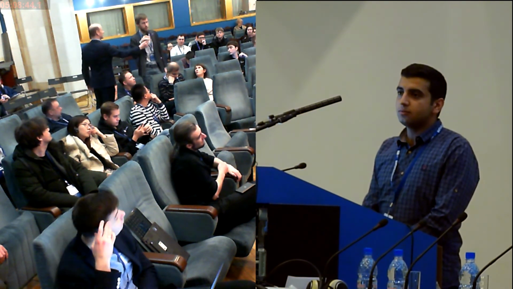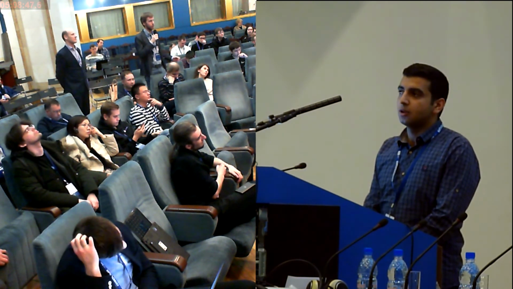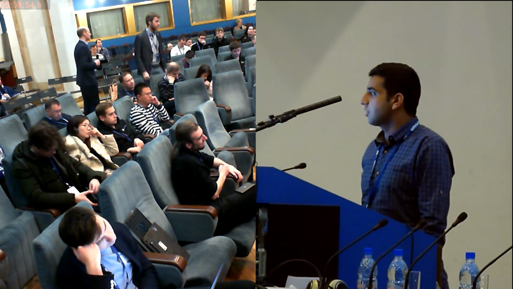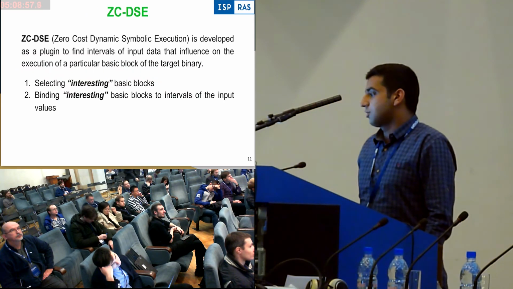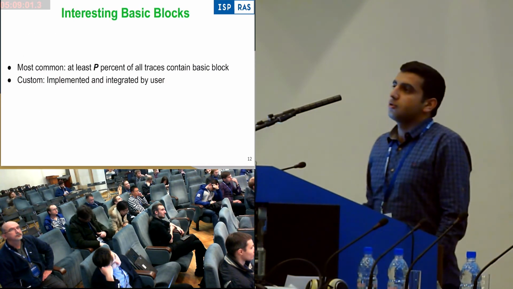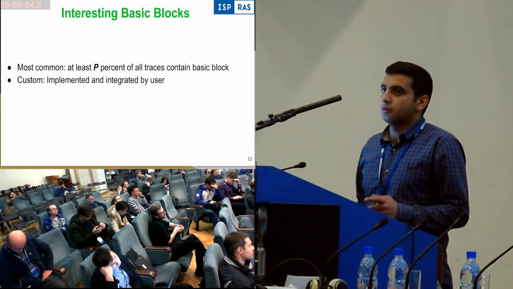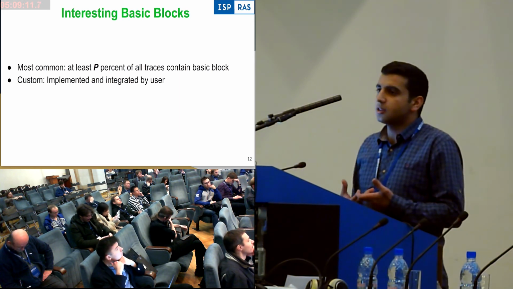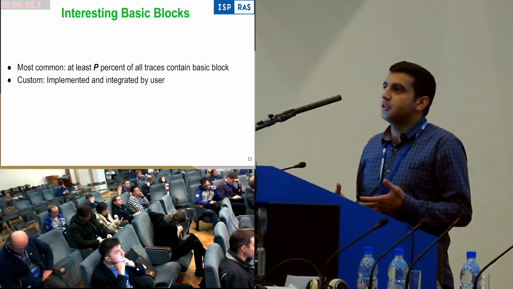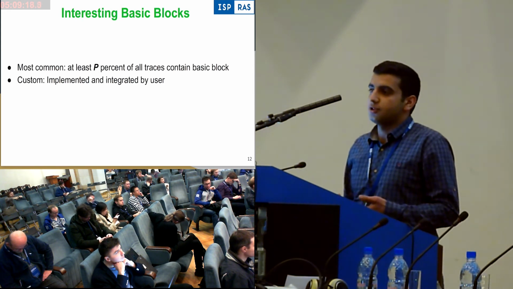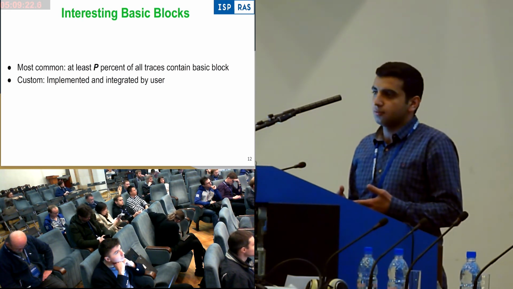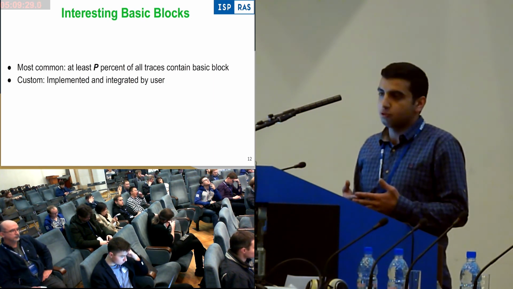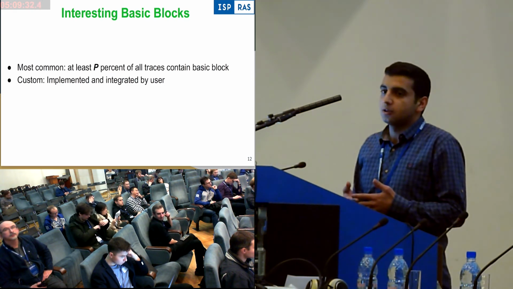So this 5% of traces, was it defined empirically, or do you have statistics saying that more than 5%, okay, we take it? I'd say why we need this metric at all, why this limitation. For instance, let's imagine that one basic block is contained by two various traces, but the overlap of input data correlating with these traces doesn't impact execution of this basic block, but is just an incidental overlap.